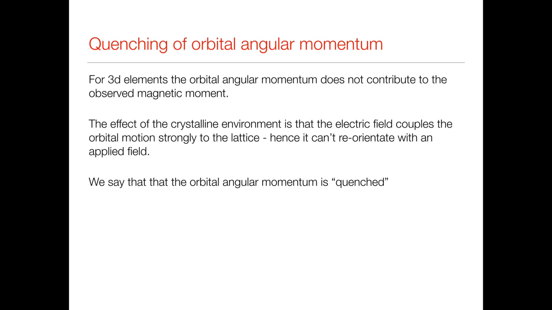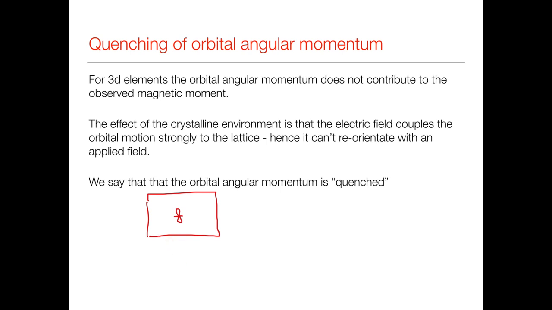So when you apply a magnetic field, let me try and draw a vague schematic diagram. We've got our crystal, and here we've got our orbital sat somewhere in the crystal, and what we want to be able to do is apply a B field in lots of different directions.